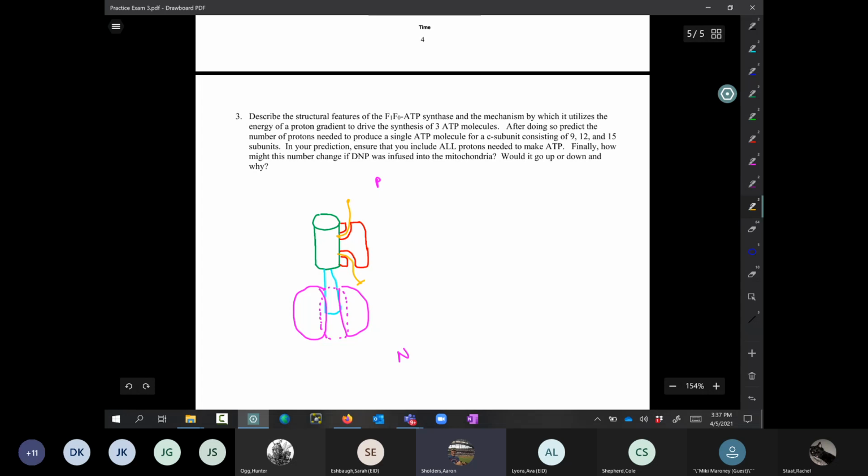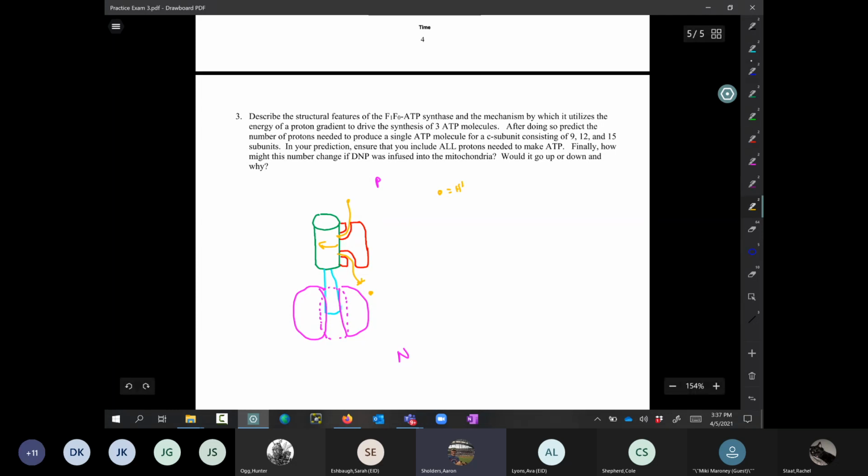When they come in from this side, they cause a conformational change at this aspartate or glutamate, because they bind to it, and that causes this thing to start to shift in the clockwise direction. And then there's one that's deprotonated, and so we have this proton flow.